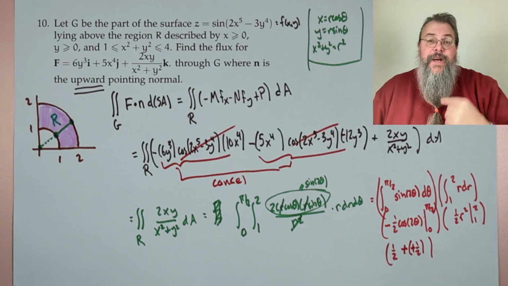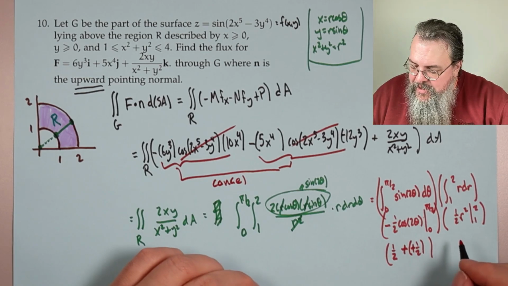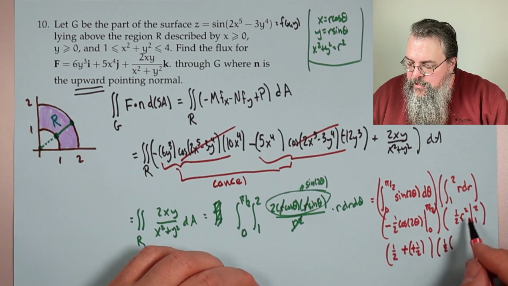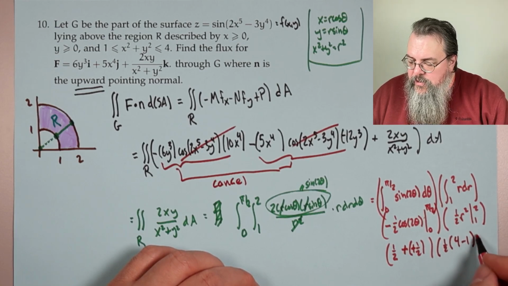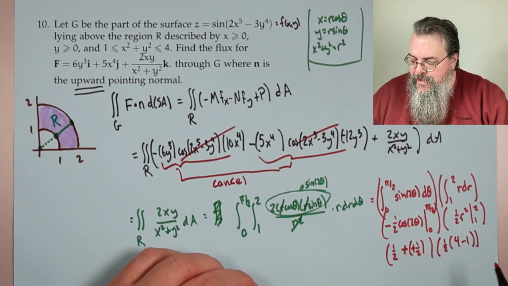Two negatives, you're back to where you started. All right, 1/2. 2 squared is 4, 1 squared is 1. So 1/2 plus 1/2 is 1. 1/2 times 3 is 3 halves.